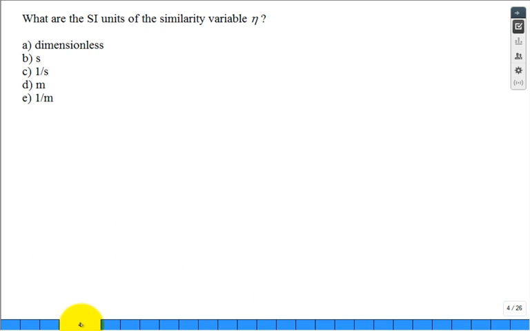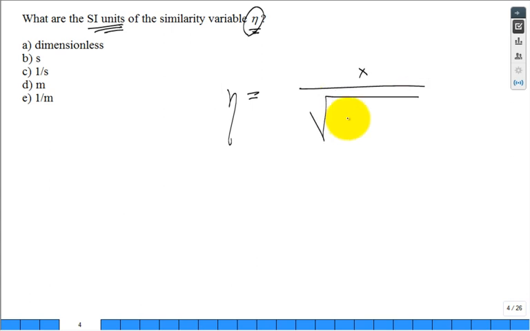Okay, clicker question. What are the SI units for the similarity variable eta? Eta was defined as x divided by the square root of 4 alpha t. Is it dimensionless, seconds, inverse seconds, meter, or inverse meter?